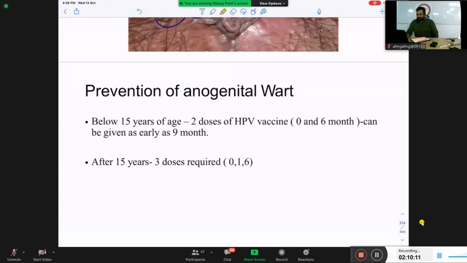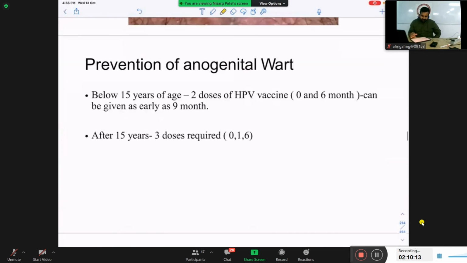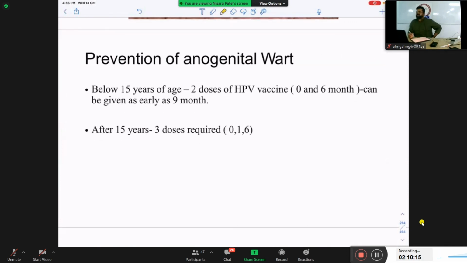So you all know which vaccine we give nowadays against the human papilloma virus. Nowadays, vaccine of choice is the Gardasil vaccine. Cervarix was the old one. Cervarix was covering 16 and 18 mainly.